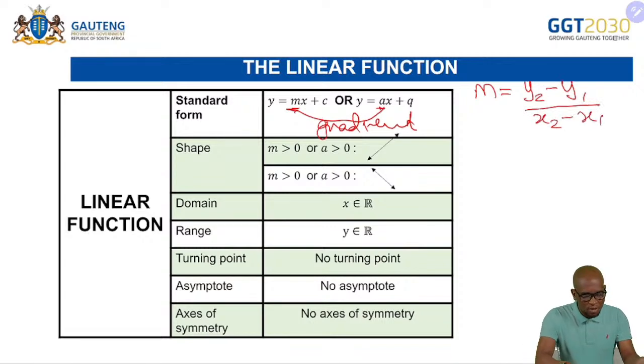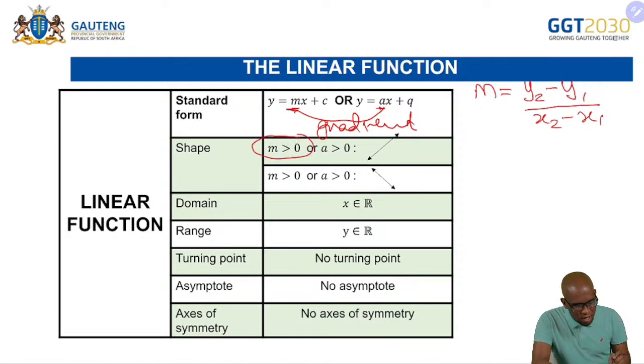That is how we can find the gradient of this linear function. Right, we see that here the nature of the gradient determines the shape. If m is positive, then we have an increasing function, and then here there's an error here. If m is negative, then you see that there's a decreasing function.